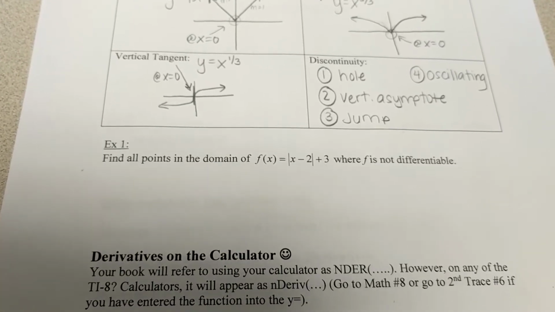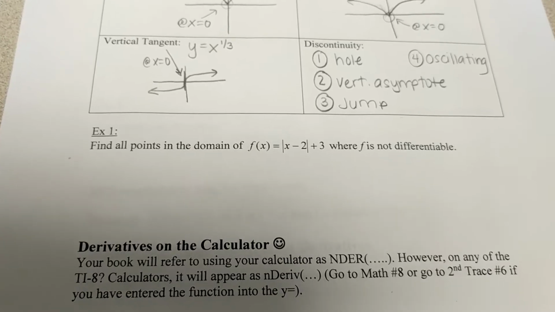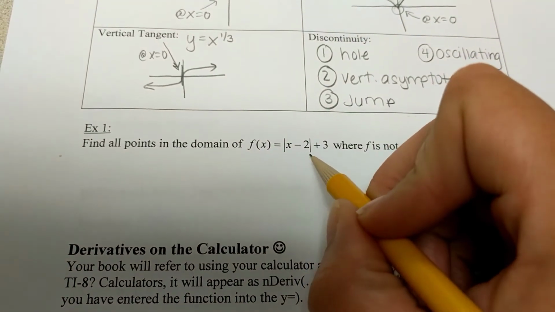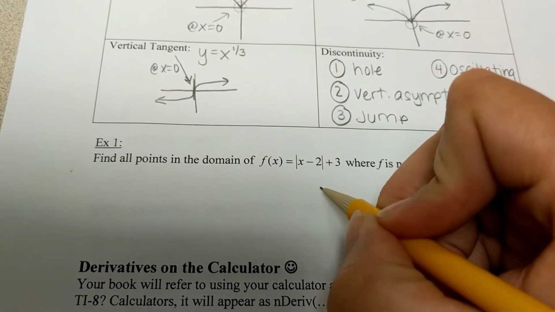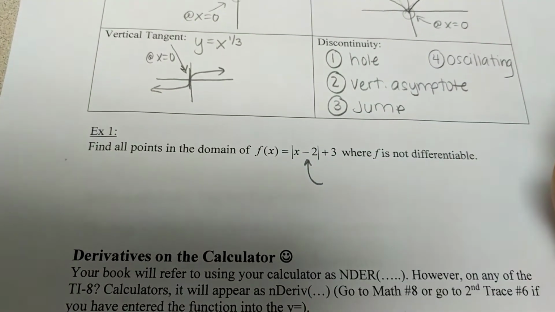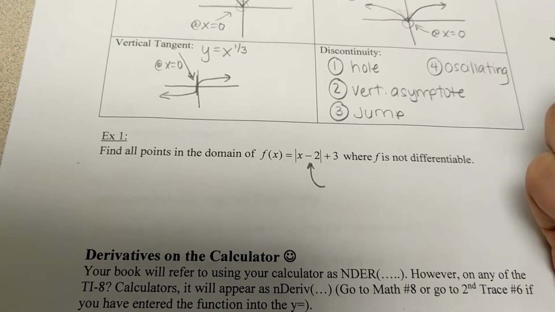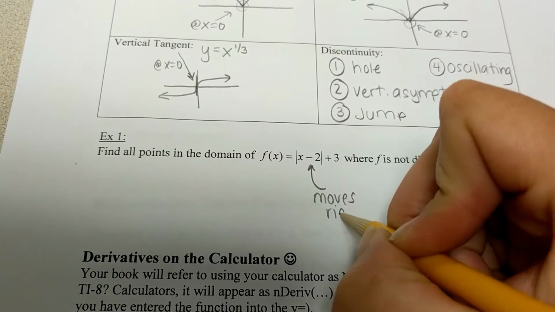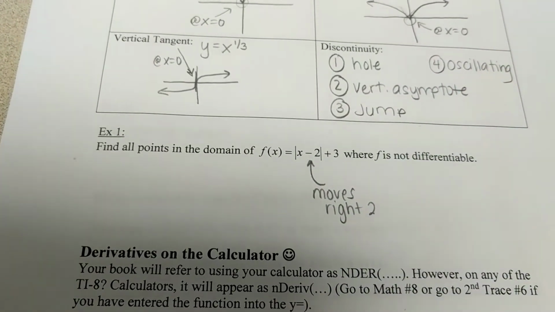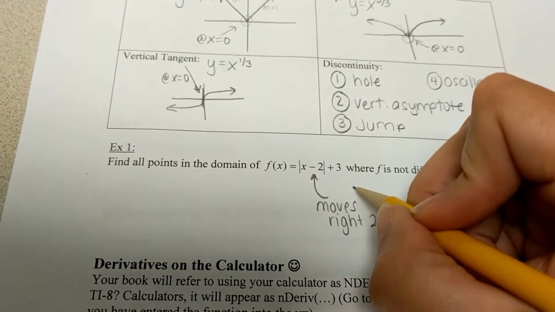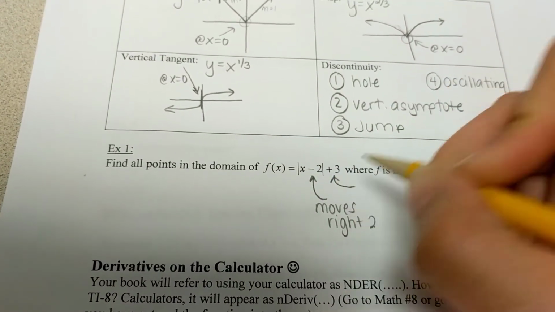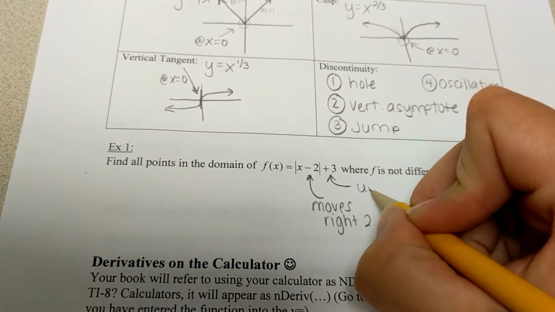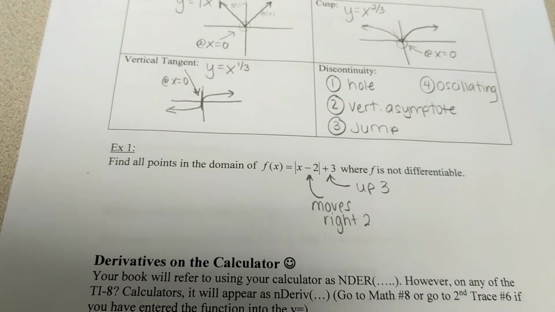I want us to use our basic math skills of how we move a graph. So if we think about the function y equals absolute value of x, this -2 here, what does that do to our function? Well, that moves it right 2. And then this +3 out here, what does that do to our original function? Well, that's going to move it up 3.